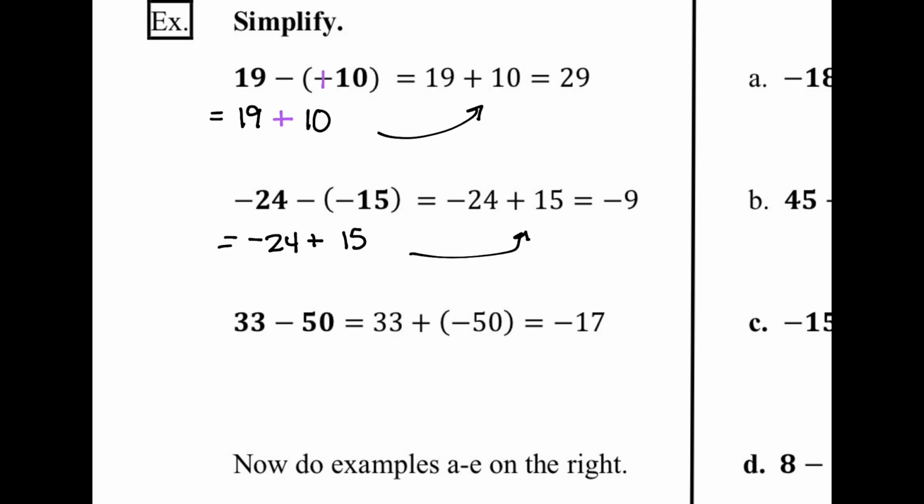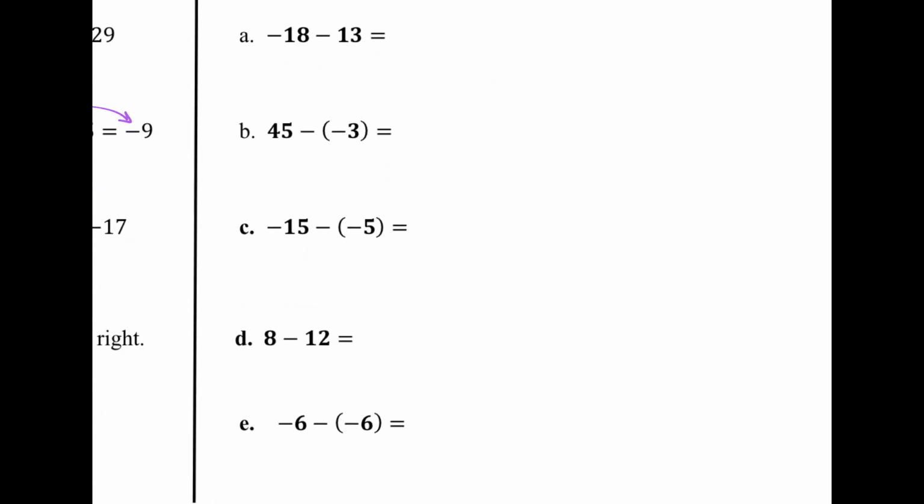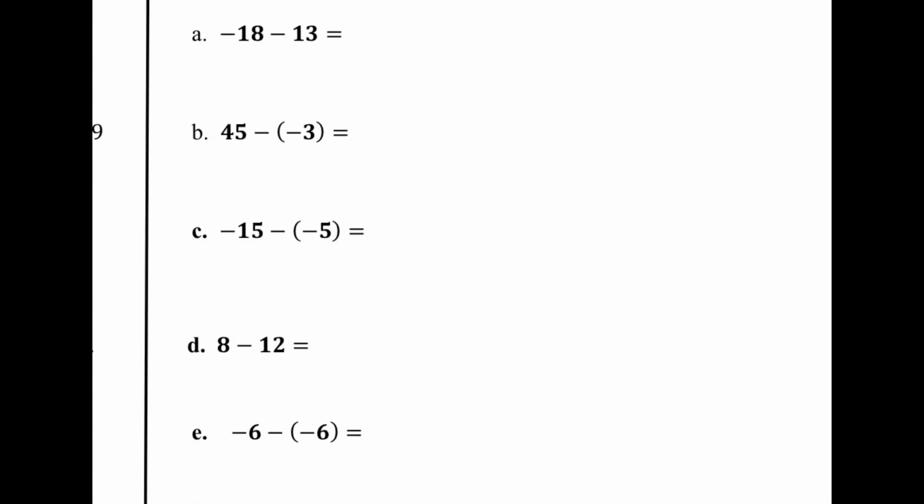However, if you just do change, change, you're done. You can go from here to there. On the last one, change, change. So now you're doing 33, add negative 50. You can see it right here without having to rewrite it again. If you want to rewrite it, be my guest. Let's see if I can get all five of these on this page. Try these on your own.